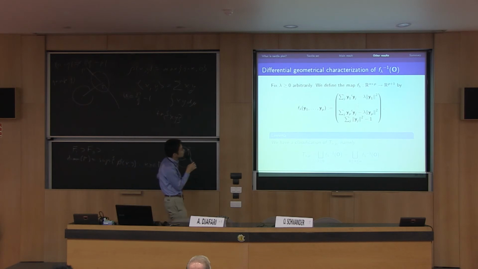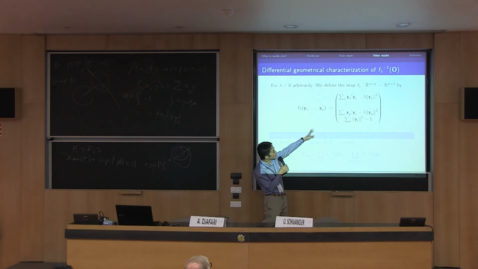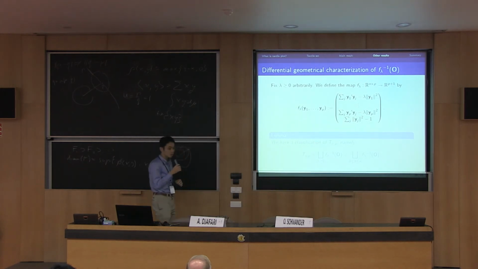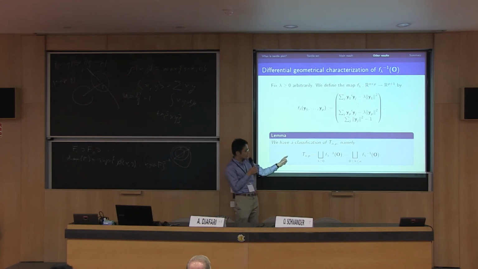And as a final topic, we focus on the differential geometrical characterization of F_lambda inverse of 0. The map F_lambda is defined by this one. These p plus 1 equations correspond to the definition of the textile set. So we have a classification of T_np, namely the textile set T_np is written as the disjoint union of F_lambda inverse of 0.